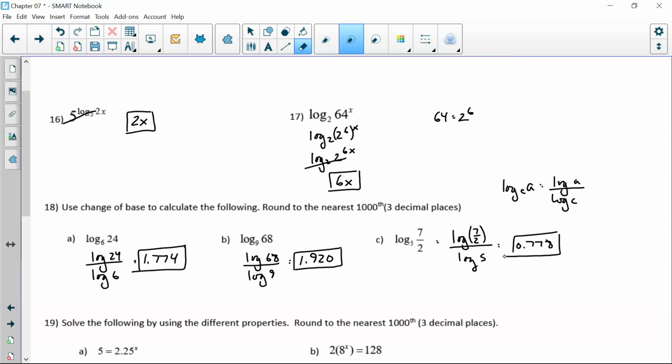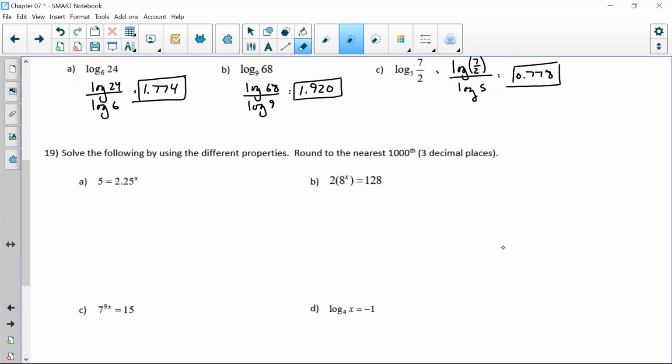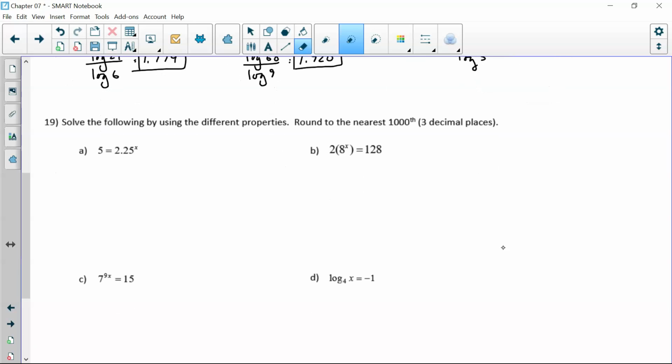Now for 19. What we're going to do is we're going to solve these. Now there's a couple different ways to do this. One of the ways we can do this is by using our rules and rewriting this from exponential to logarithmic form.